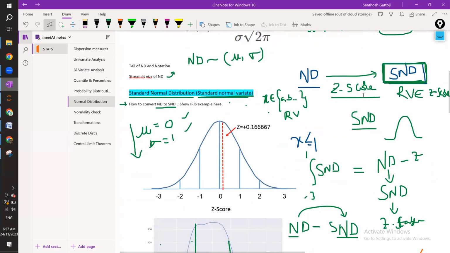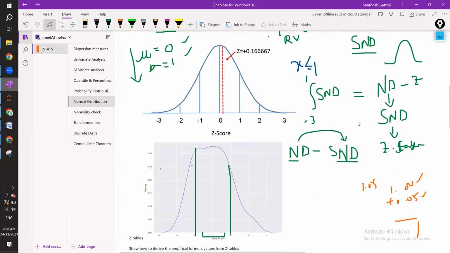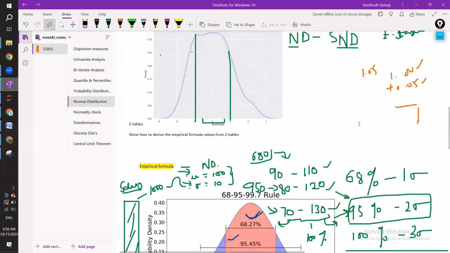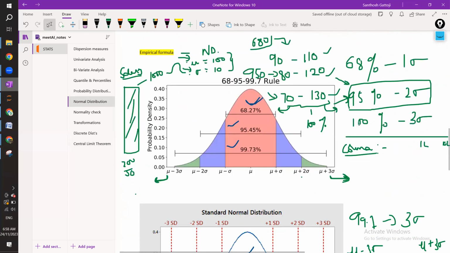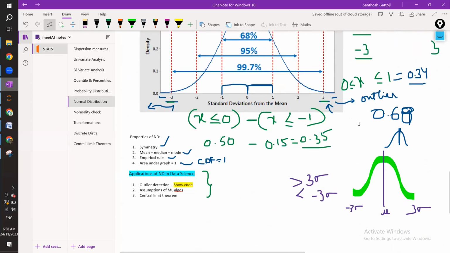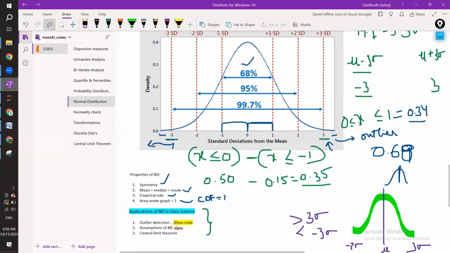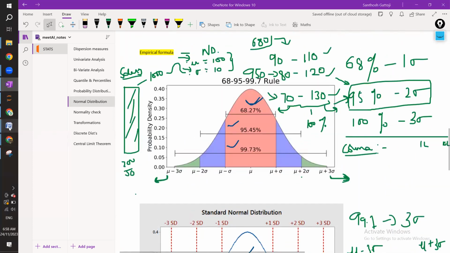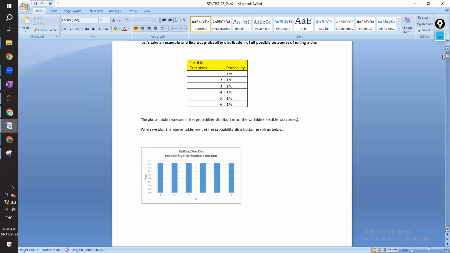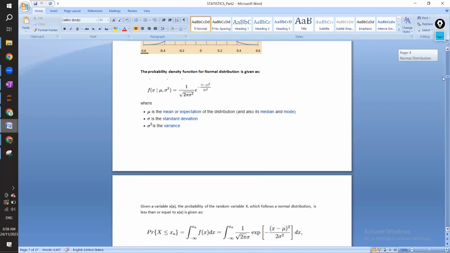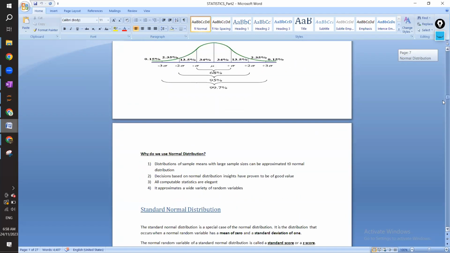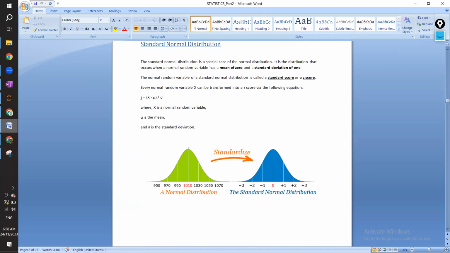If you see the z score of the standard normal distribution, somewhere I might have written x minus mu by rho. See, x minus mu by rho. I've shown you this example. That means to convert a given normal distribution into standard normal distribution, you need to use this formula.